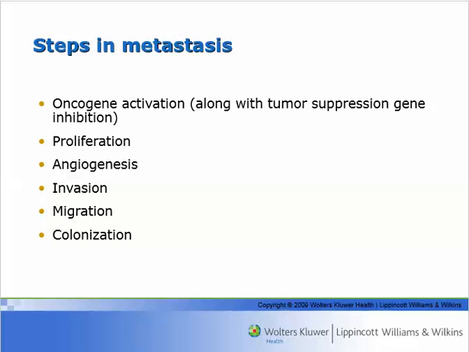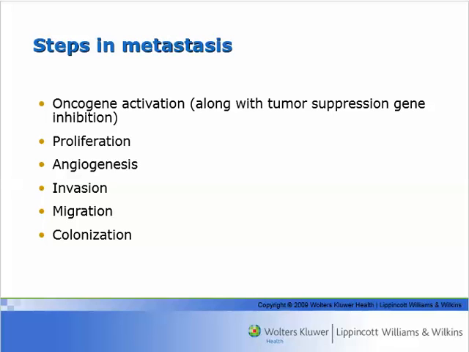Recently, we've come up with this thing where they're looking at genes that are actually tumor suppression genes. These are genes that actually inhibit the oncogene activation. They get in the way of it, and it stops us from having these dysplastic growths.